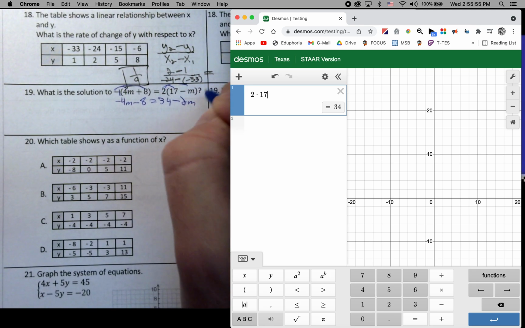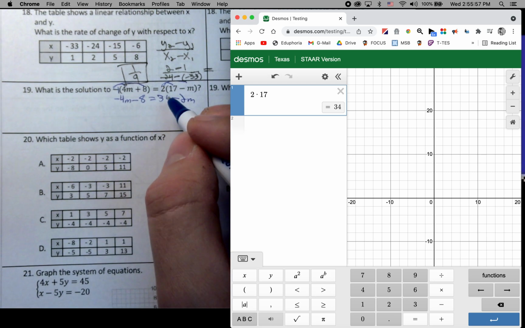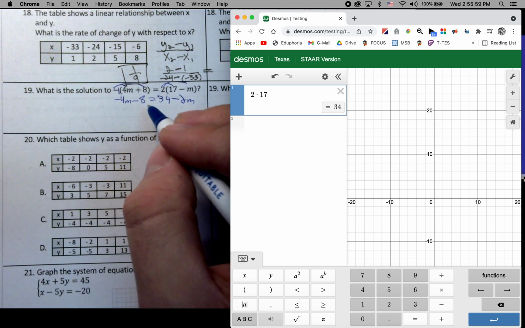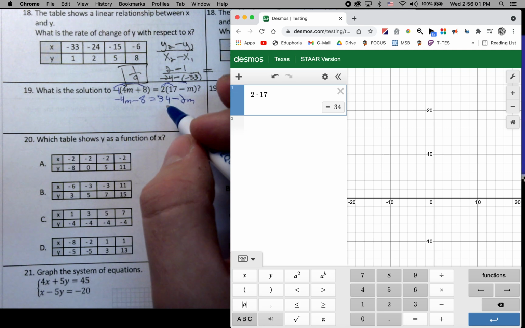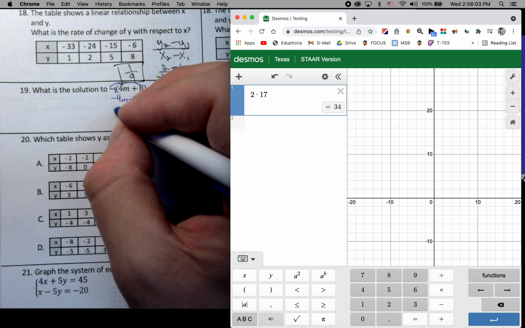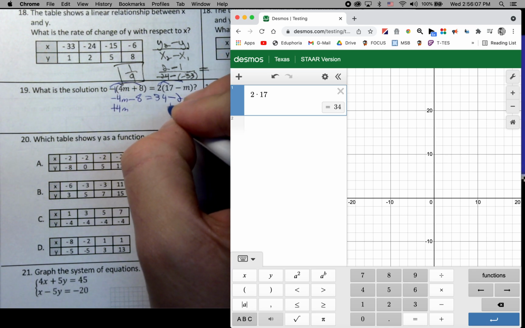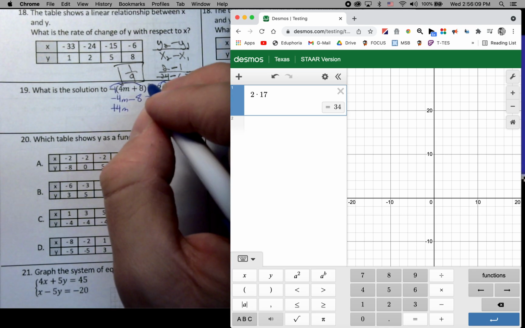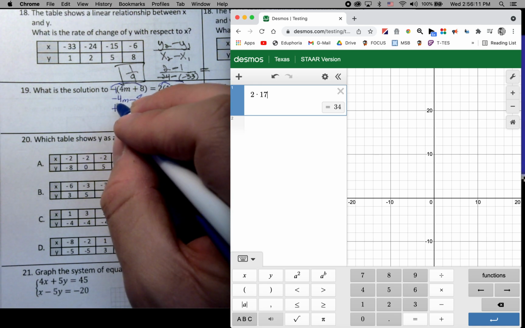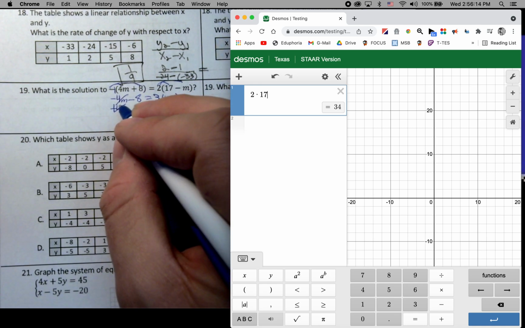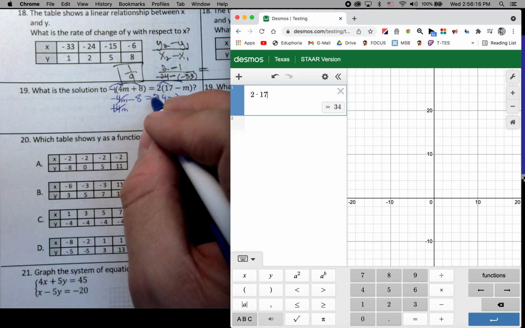Okay? When you have variables on both sides, you want to move your variables to one side and move your constants to the other. Okay? So I'm going to move the negative 4m. So I'm going to do the opposite by adding it. Okay? And then if I'm moving my variables to the right, I'm going to move my constant to the left.